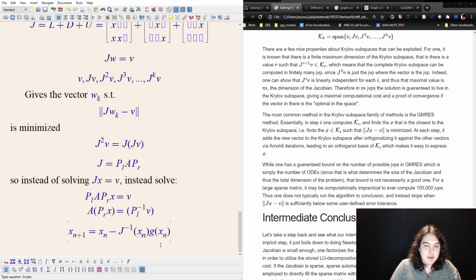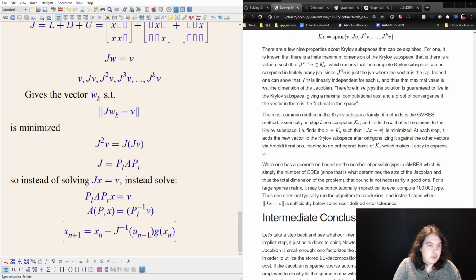But instead here, we can make this faster without losing too many good properties by only using a single Jacobian, and we just factorize it once, and we're good. If we're doing the factorization method, and we factorized at one time step before, from u_{n-1}, that could also be a good enough approximation.